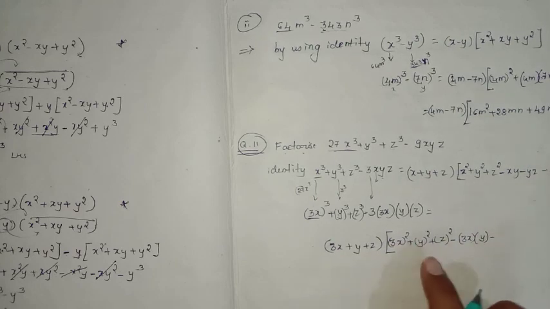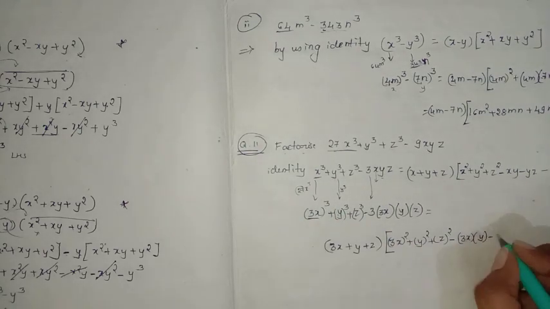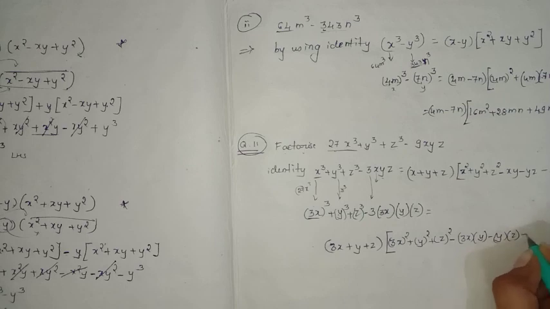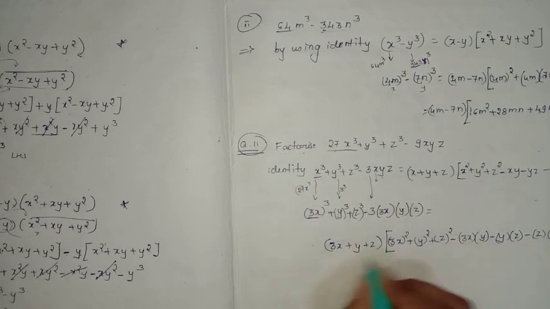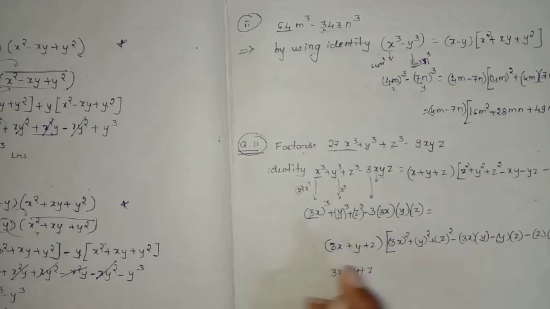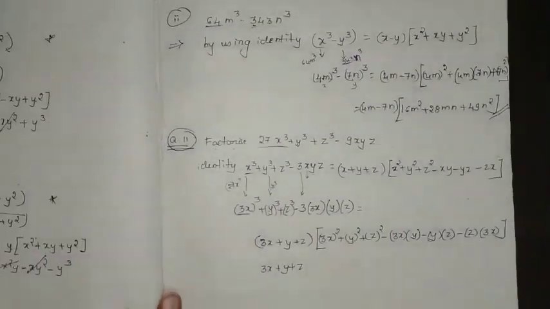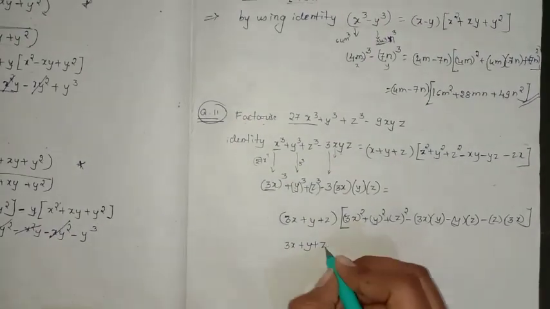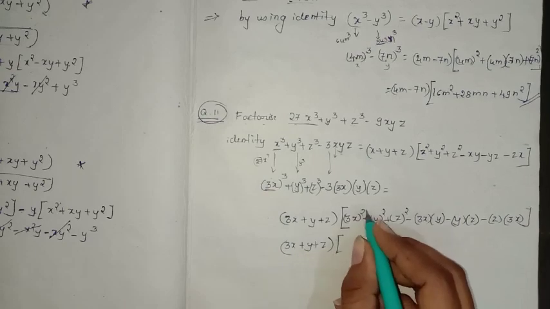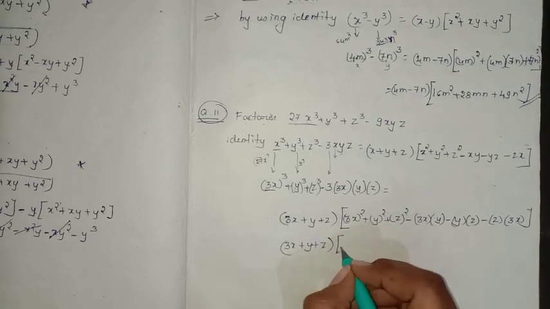Minus of y and z. So what is the y value? It is y, and z value is z only. So we'll write in the bracket minus. So what is the z value? That is z. And what is the x value? That is 3x. Now to solve the bracket terms. So 3x plus y plus z. So bracket complete. 3x square. 3 square is 3 into 3, 9.